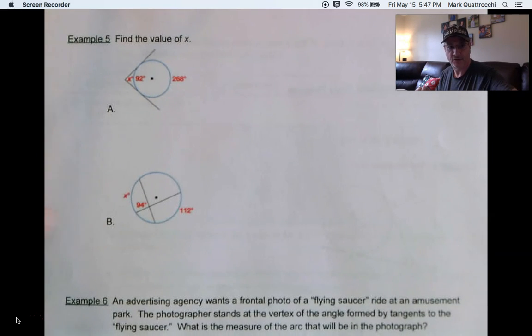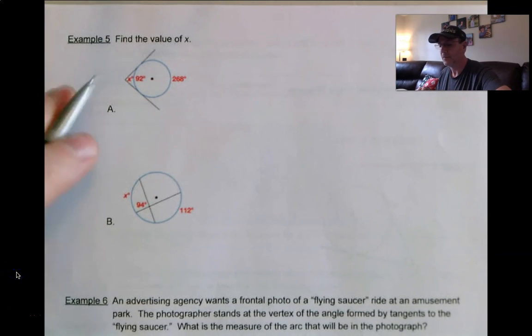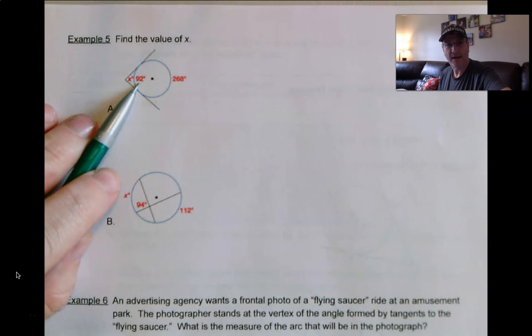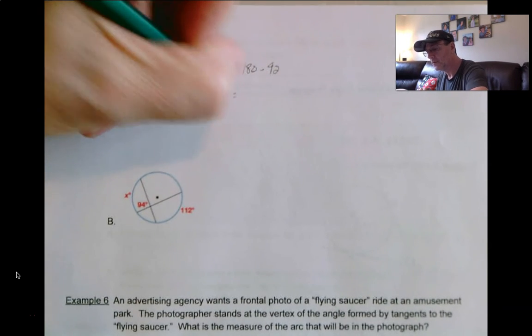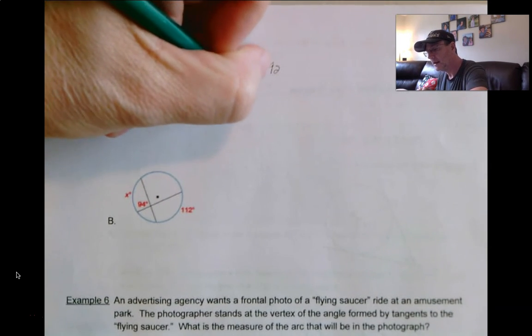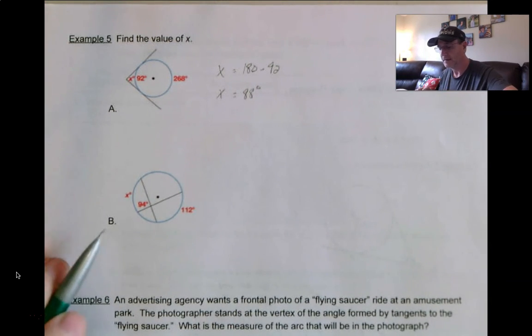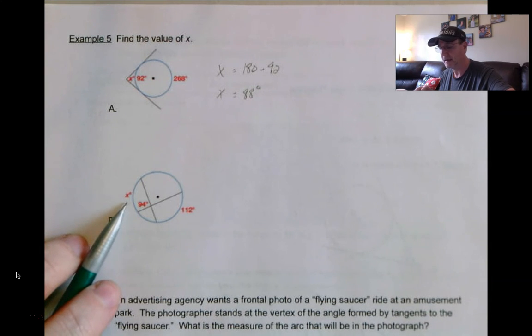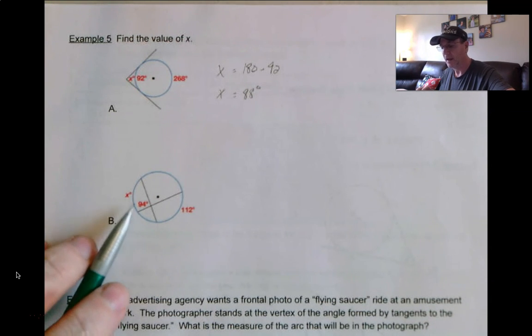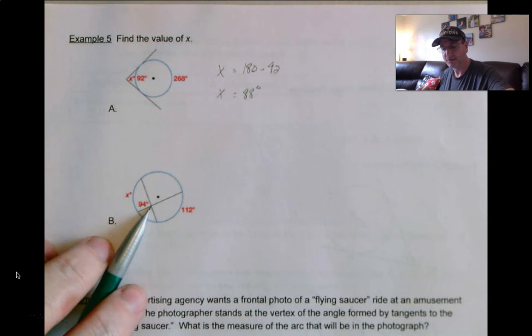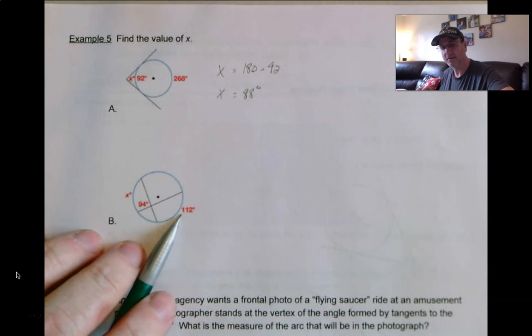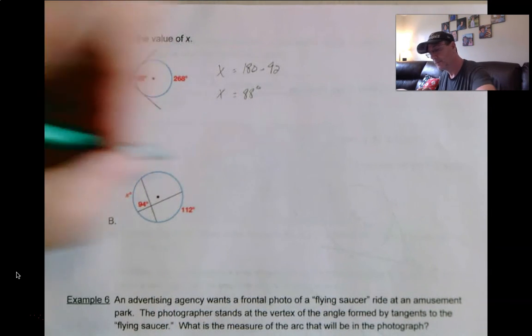We want to find the measure of x. The measure of x is going to be 180 minus 92, or 88 degrees. And we want to find part B, the measure of angle x again, or arc x. This intersection is occurring inside the circle, so we add these two together, divide by 2, and that equals 94.